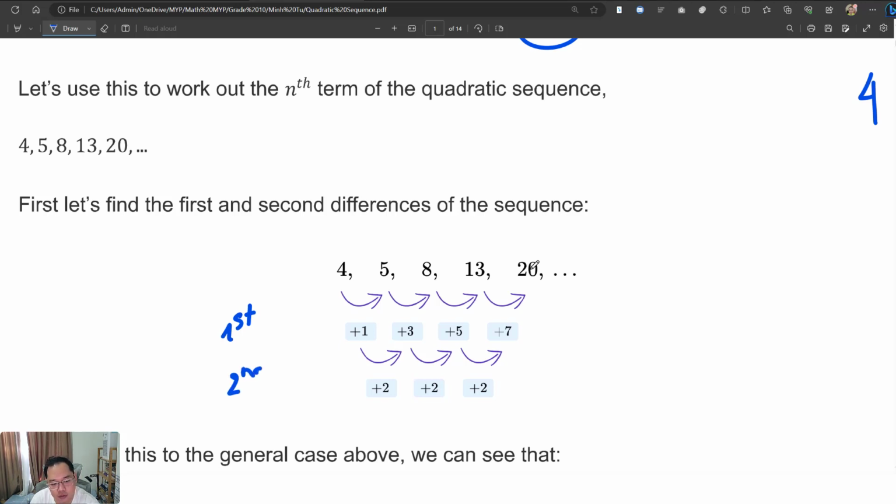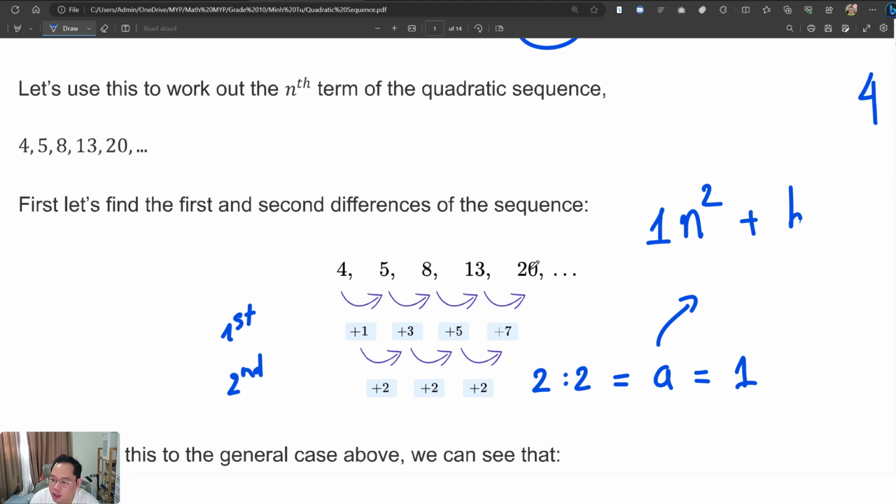And the second differences are 2, 2, and 2. So they are constant, and the value 2 here must be the constant. Taking this value 2 and dividing by 2, we get the first parameter a, which is 1, meaning that we will have the first order 1 n squared here.